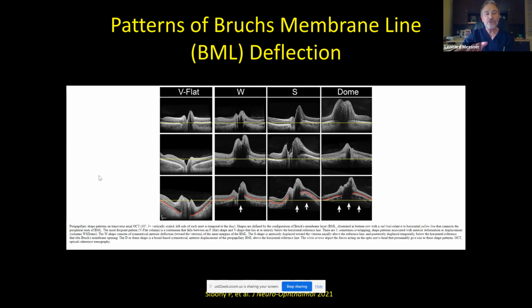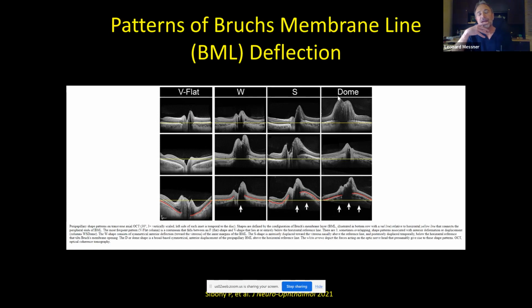These three are normal optic nerves, meaning that the Bruch's membrane line, or the Bruch's membrane RPE complex, can either be flat, meaning that it's going straight across, or it can be V-shaped, meaning that it's going down or away from the surface of the retina, as compared to these findings, the W, S, and dome-shaped configurations.